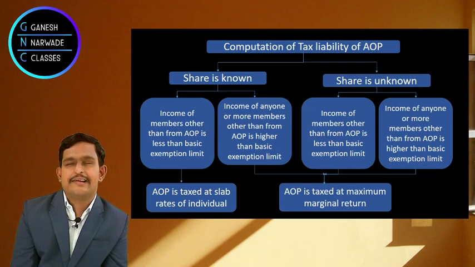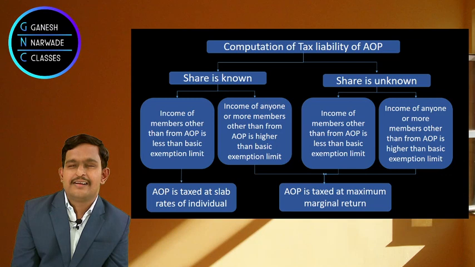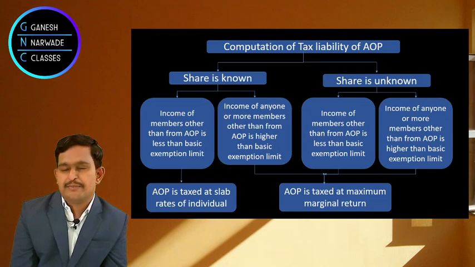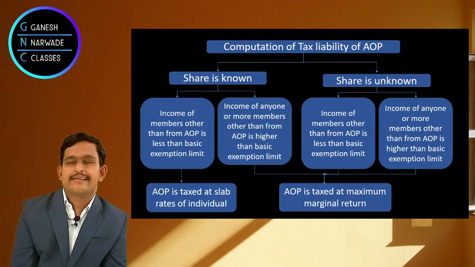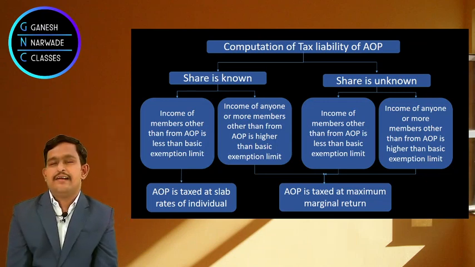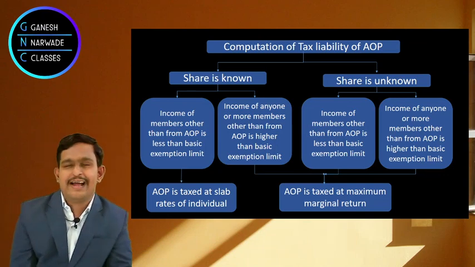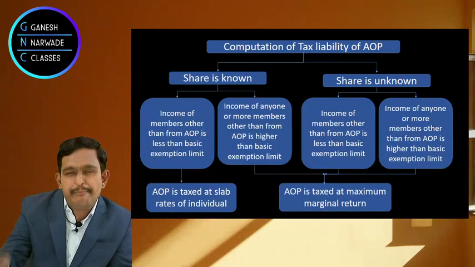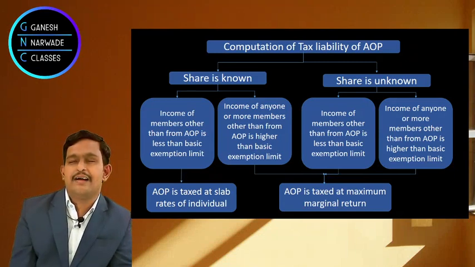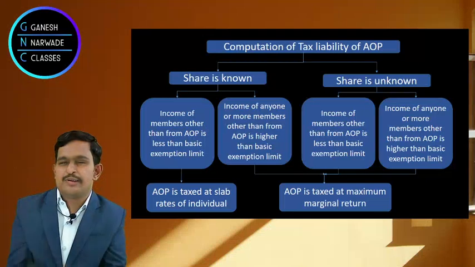We are just calculating what their other incomes are. If each member's other income is less than the basic exemption limit, then the AOP's tax rate will be slab rate basis. Now please be very careful. Here, to decide AOP's tax rate, we are checking members' other income. Very important criteria. Many times we are confused, right?